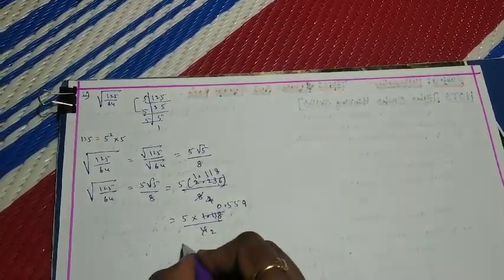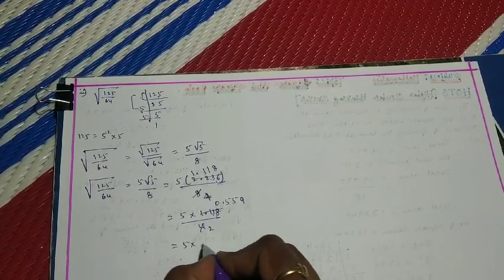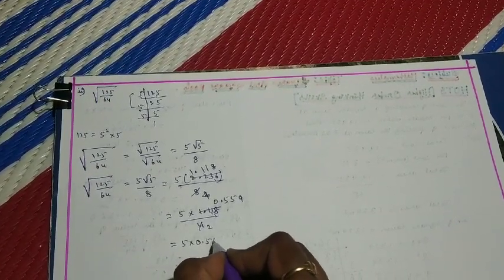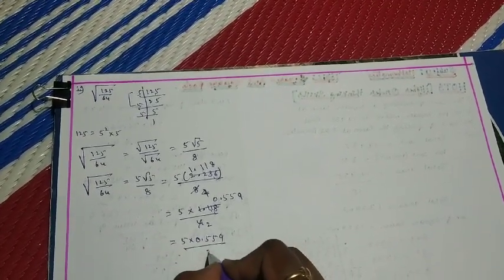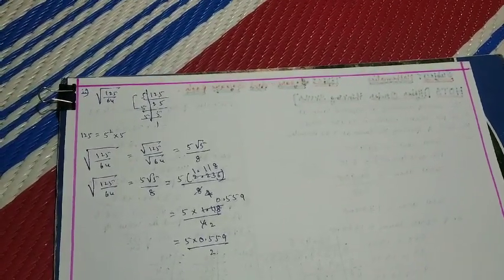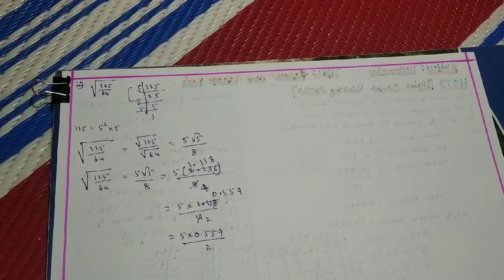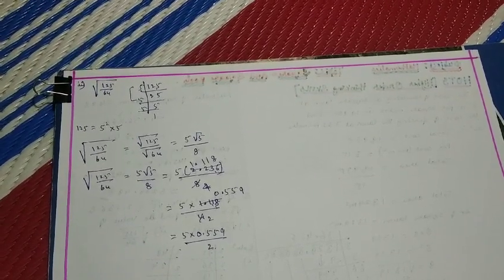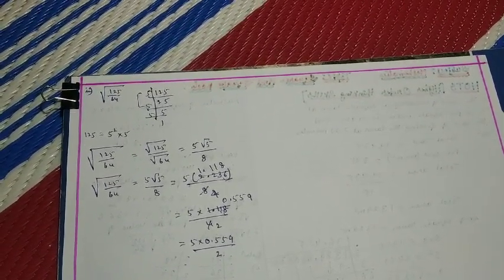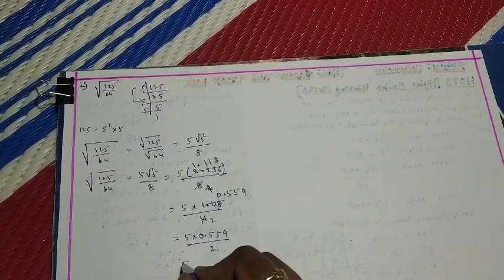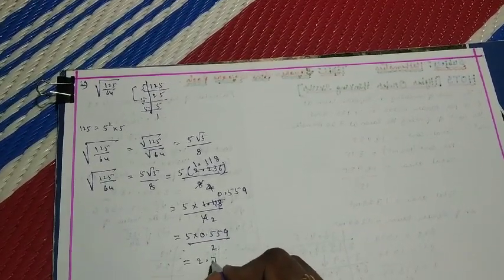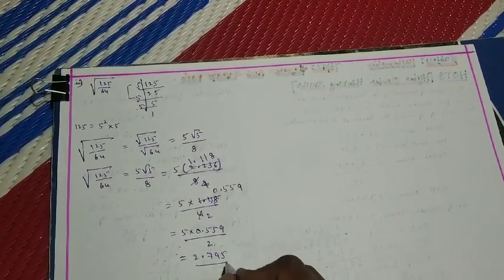So you'll get the number as 5 into 0.559 divided by 2. Now first let me find the product, that is 5 into 0.559. The answer is 2.795. Then 2.795 divided by 2.